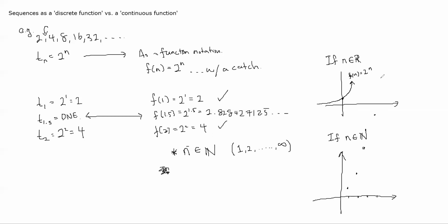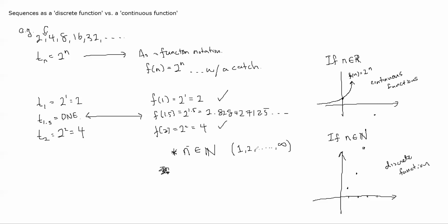Okay? This would be a continuous function because every single point is connected. Whereas here, this is what we call a discrete function. Okay, separate points and they are not connected.